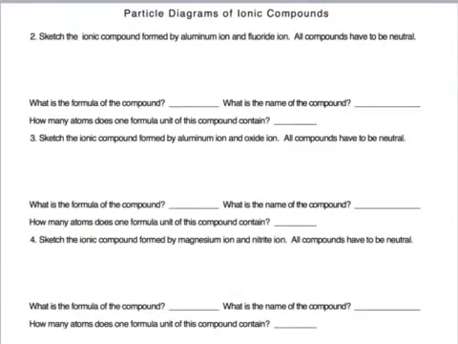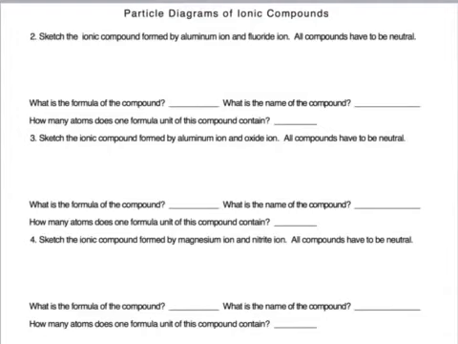So now we're going to take a look at particle diagrams of ionic compounds. So they're similar to the particle diagrams for the covalent, except because these are ions, you have to show the charges in your circles when you draw your particles. So we want to sketch the ionic compound formed by aluminum ion and fluoride ion. This is number 2.